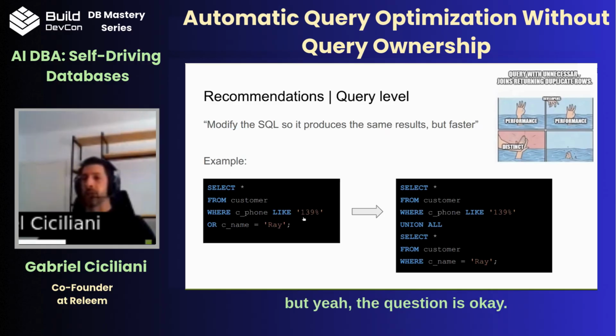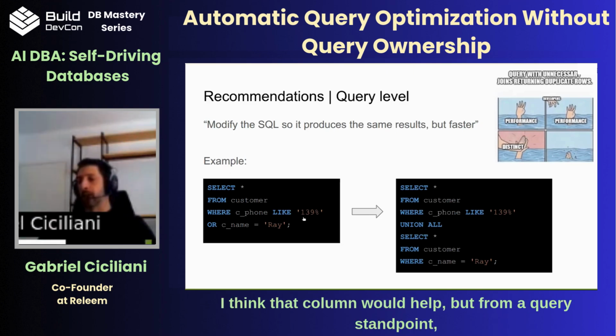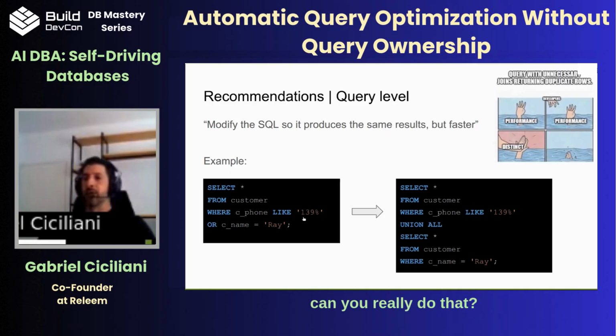But the question is, okay, from a technical standpoint I think that column would help, but from a query standpoint, can you really do that? In some cases you can. In some cases, adding another filter will change the output, and so it's not possible.